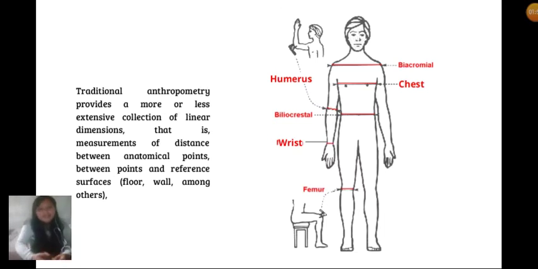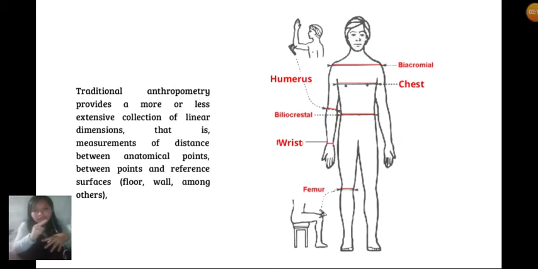Traditional anthropometry provides a more or less extensive collection of linear dimensions, that is, measurements of distance between anatomical points, or between points and a reference surface, for example, floor, wall, among others.